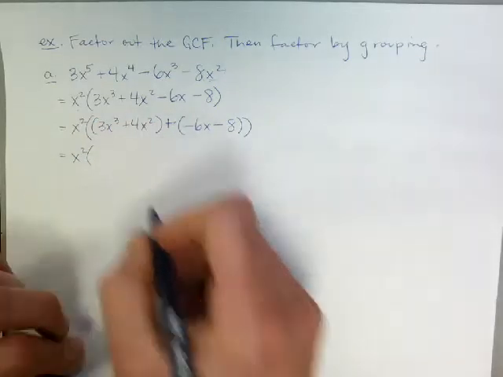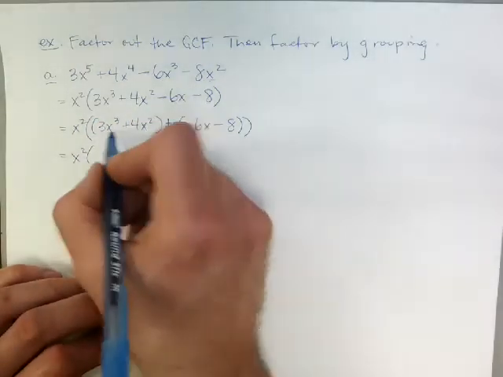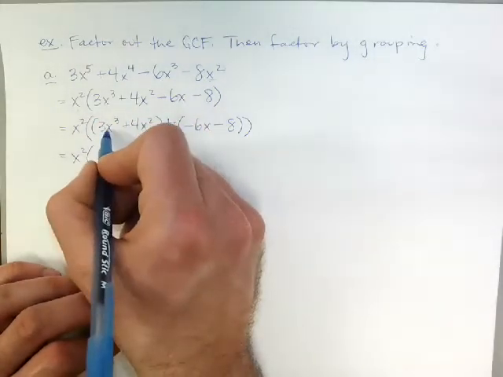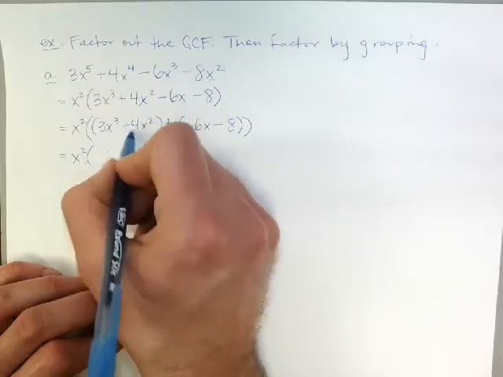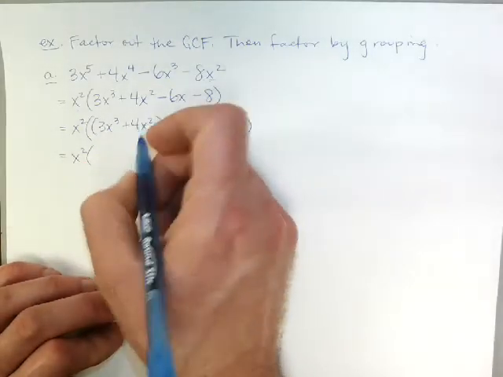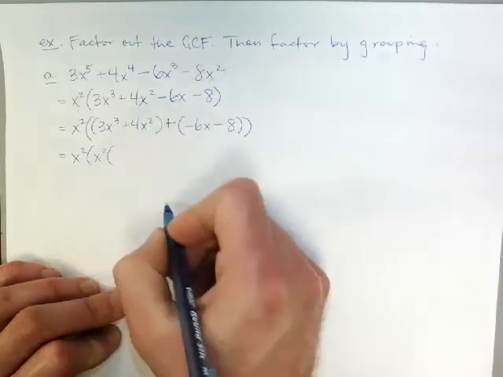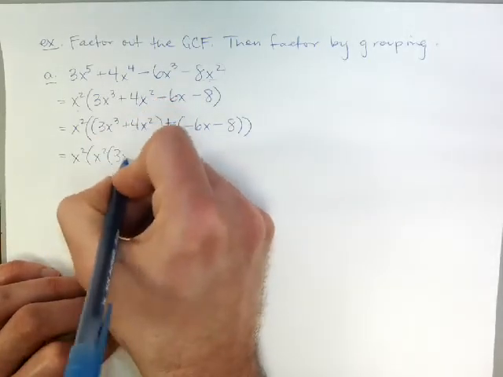Now, greatest common factor here. Nothing in common between 3 and 4, but we can get an x squared out, and then what will be left is a 3x plus 4.